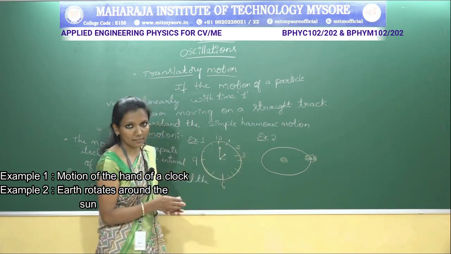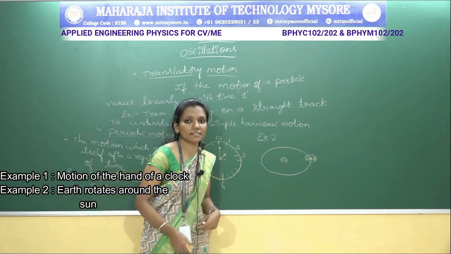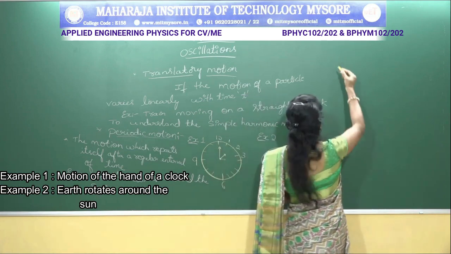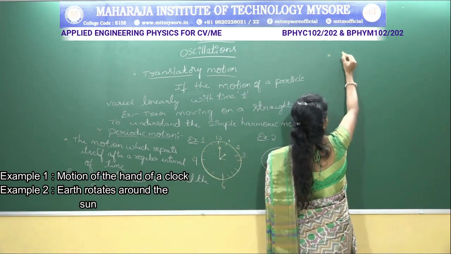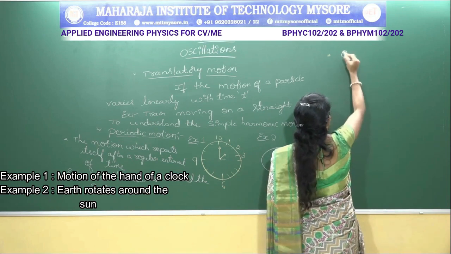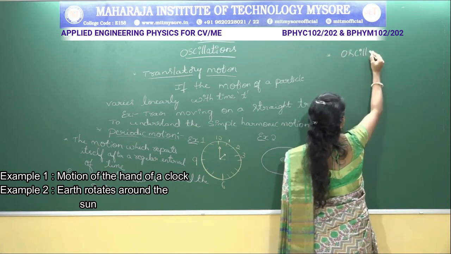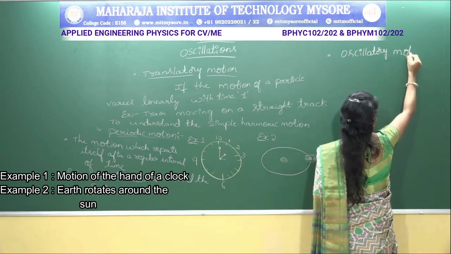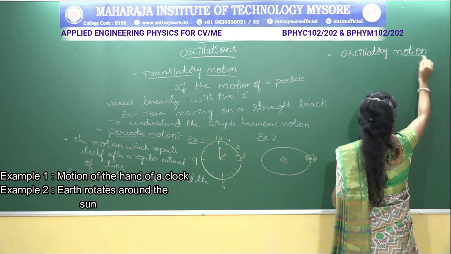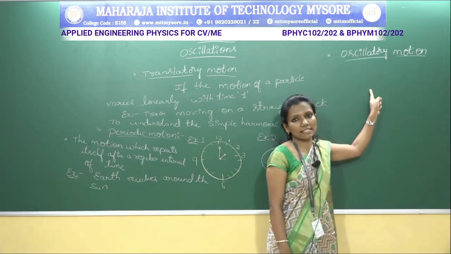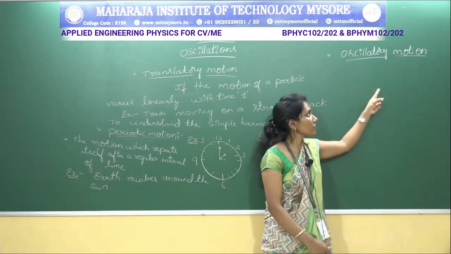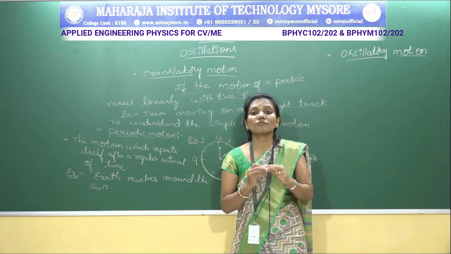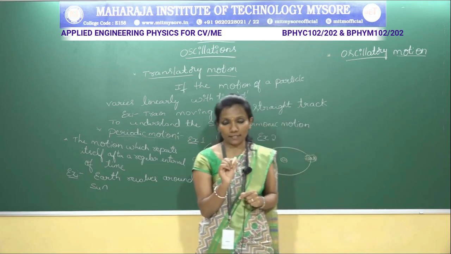So what then is oscillatory motion? What does it say? That is somewhat different. Oscillatory motion: the motion of a body which makes a to and fro motion about a fixed reference point.